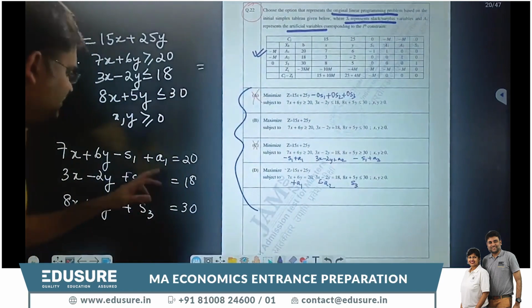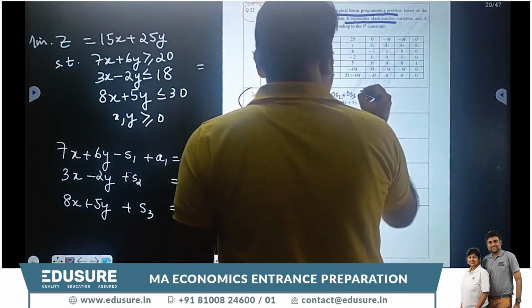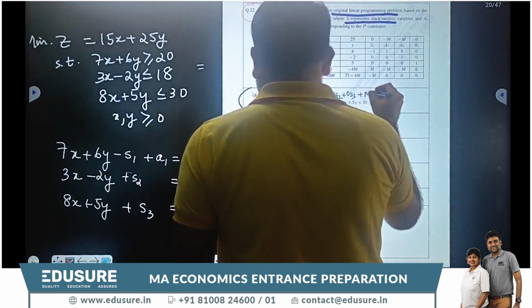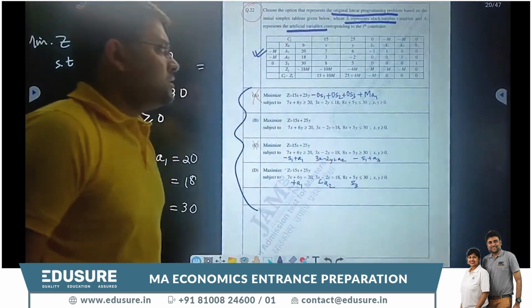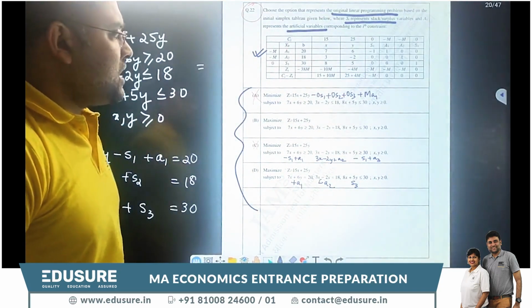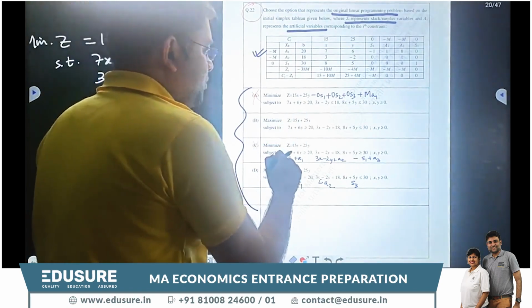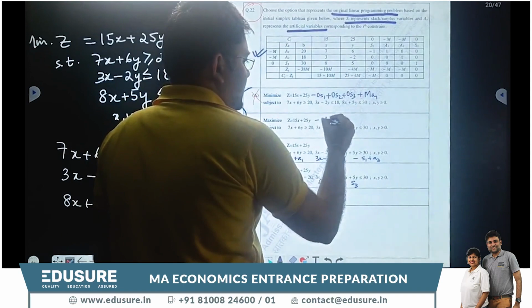How many artificial variables do I have here? Only one. So I'll write it as plus m a1. ठीक है? Okay. And whenever I have a maximizing problem, this m will become minus m a1.